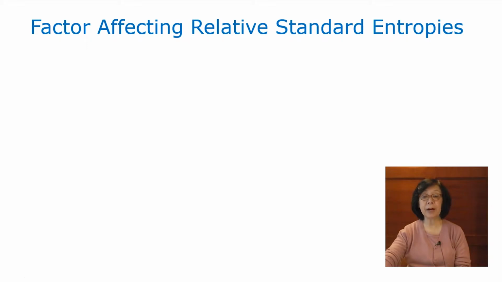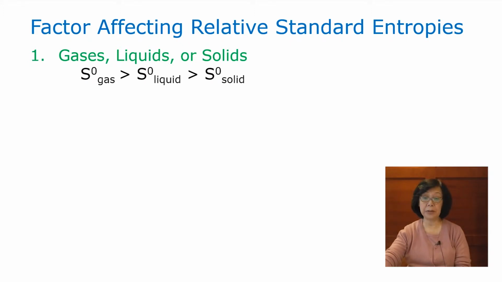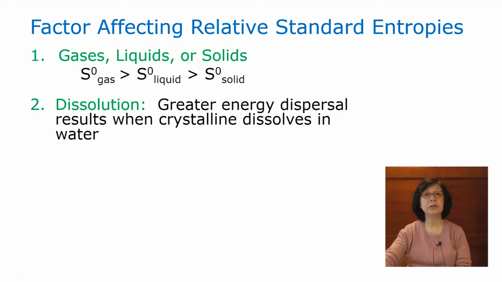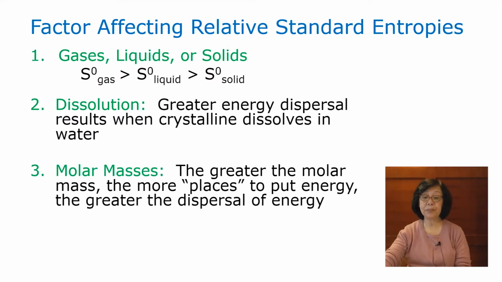Let's examine the factors that would affect relative standard entropies. 1, the state of matter. Are they gas, liquid, or solid? 2, dissolving. When a crystalline solid dissolves in water to form ions, we have greater energy dispersal and the entropy increases. 3 is the molar mass.